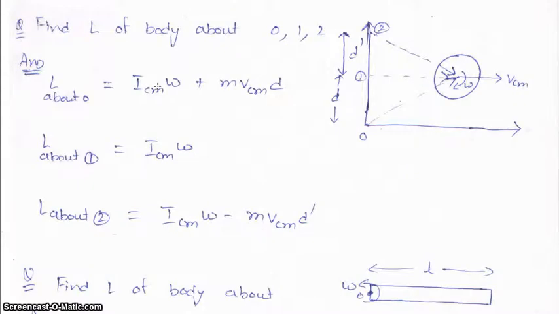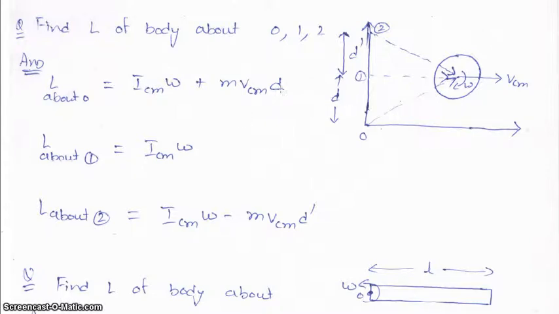Similarly, in this example we have to find out the angular momentum of this body about O, 1 and 2. As this body has some translational velocity V_CM and is also rotating with an angular velocity omega, its angular momentum about O will be I_CM omega plus m V_CM into r perpendicular, which is d in this case.